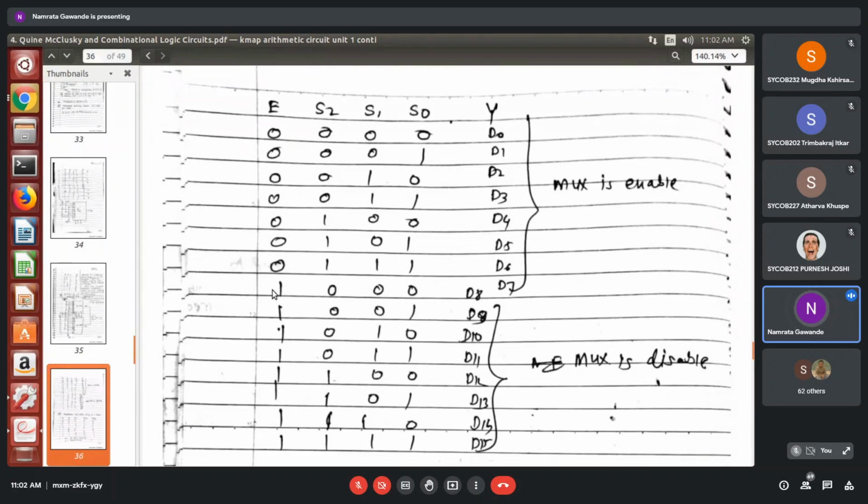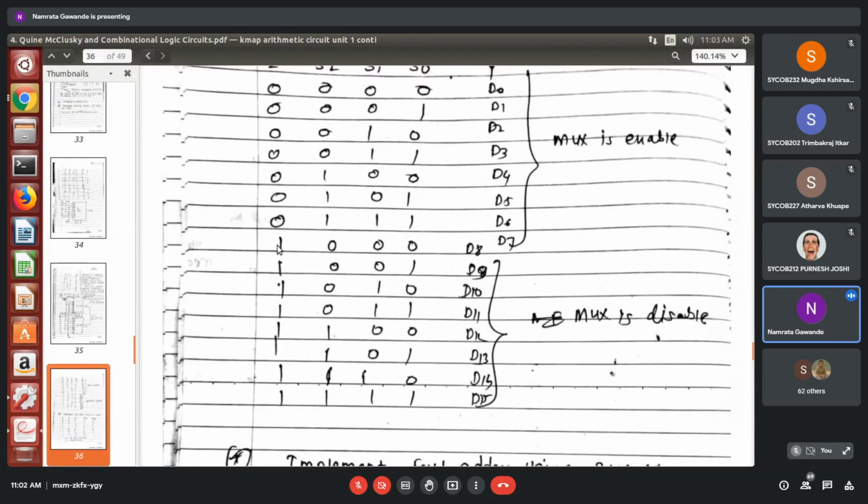Why, if this E is 0, is this mux enabled? Here it is considered in the IC, E bar is always connected to 0. So that's what is given over here, but actually it will be connected to 1. So when this is 0, that time this mux is enabled. And when this is 1, for this combination, you can see this mux is disabled.